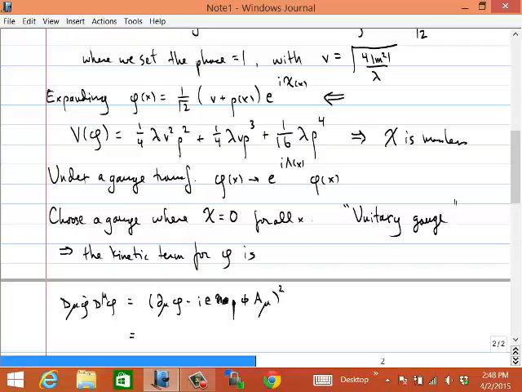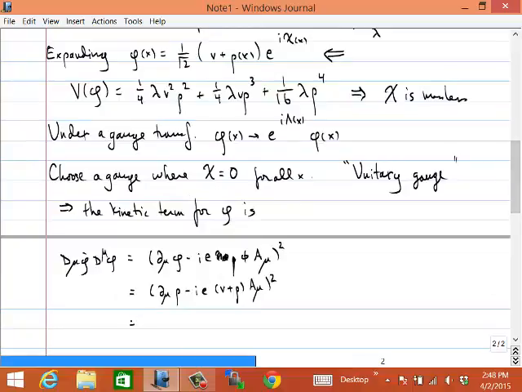Well, if we're in a gauge where chi is equal to 0, this just turns into D_mu of rho minus i e (v plus rho) times A_mu, quantity squared, which is, expanding that out, the standard kinetic term for the field rho, which was the radial part of phi.